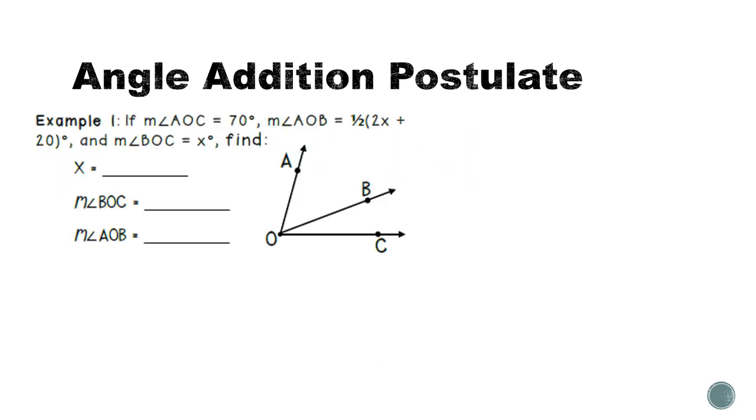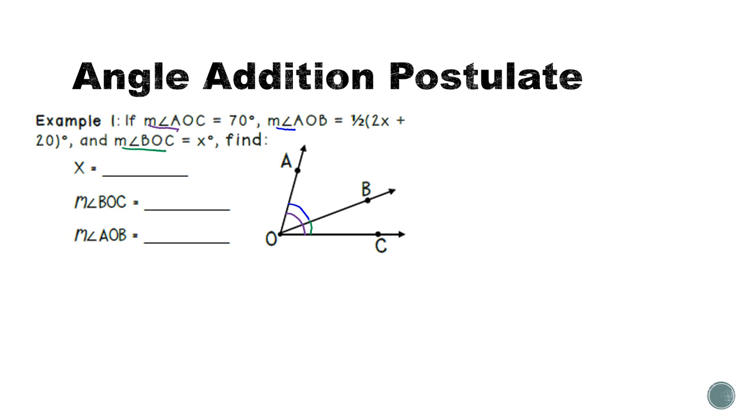First example here: if the measure of angle AOC is 70, the measure of angle AOB is 1/2 times the sum of 2x and 20, and the measure of angle BOC is x, then we need to find x, the degree measure of angle BOC, and the measure of angle AOB.